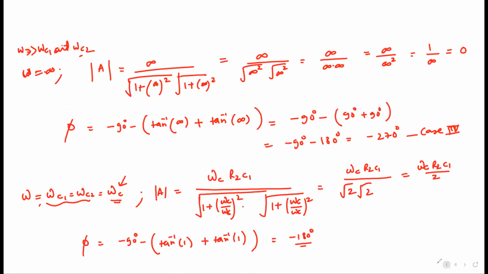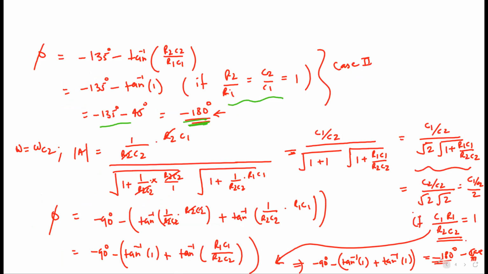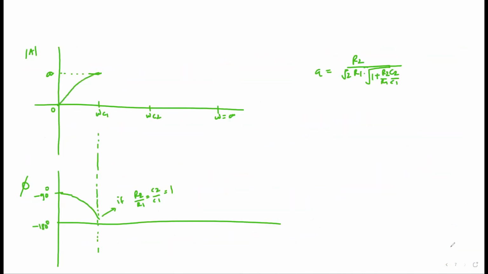What about the next case? That is omega is equal to omega C2. Again, we have this magnitude right here. And if we have such arrangement, then we take the value of this one, C1 over C2 divided by 2. So we can write this too right here.